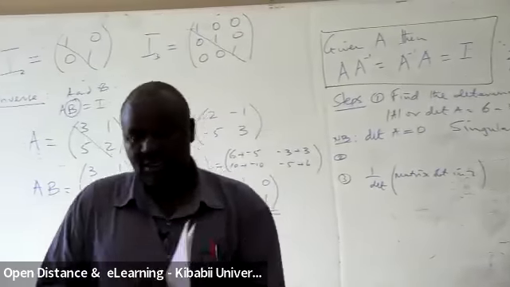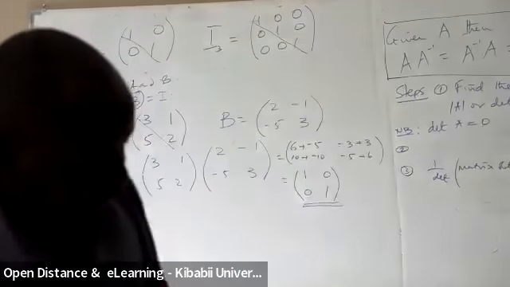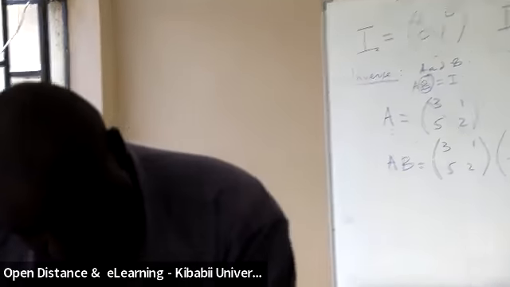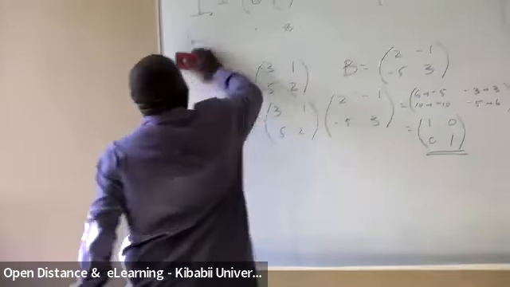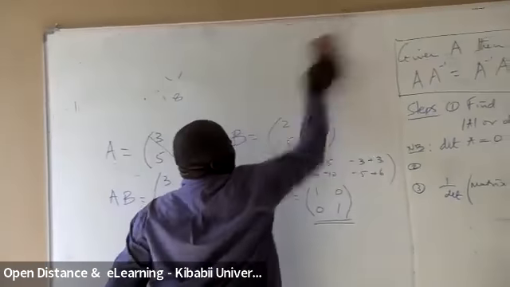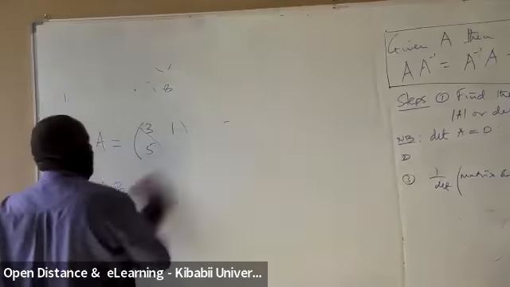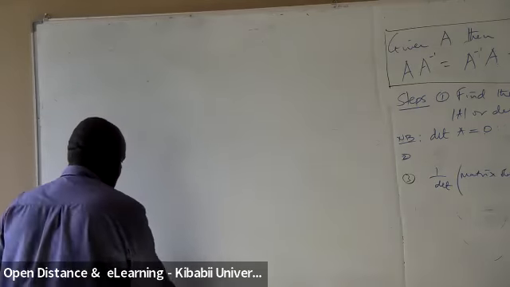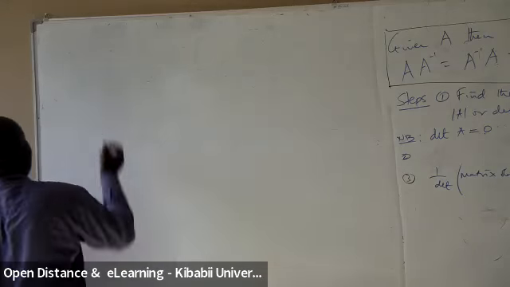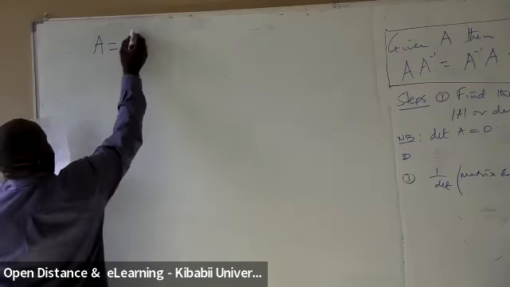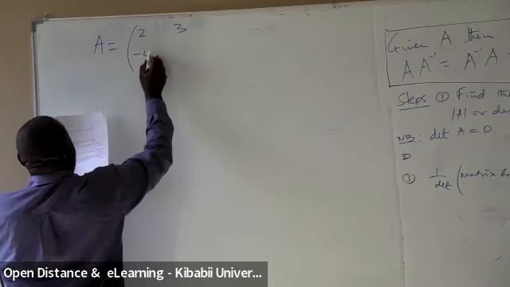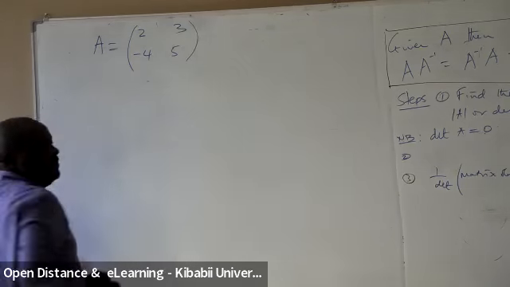Let us use that to find the inverse of the following matrices. Consider the matrix A defined as 2, 3, negative 4, 5.